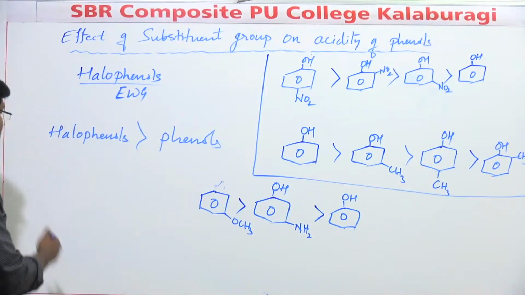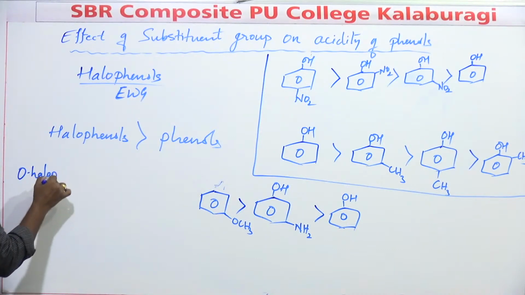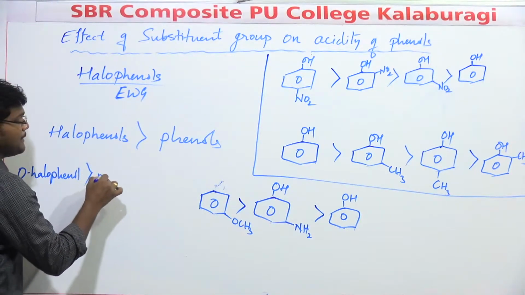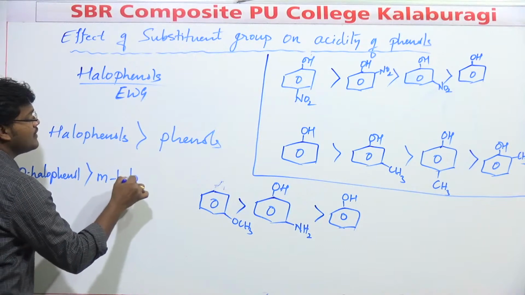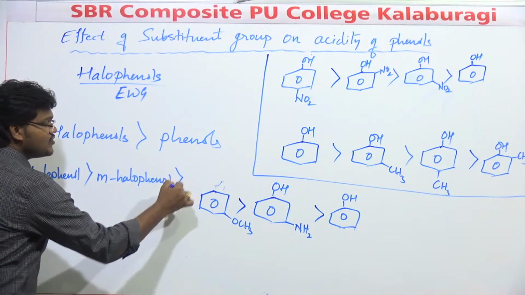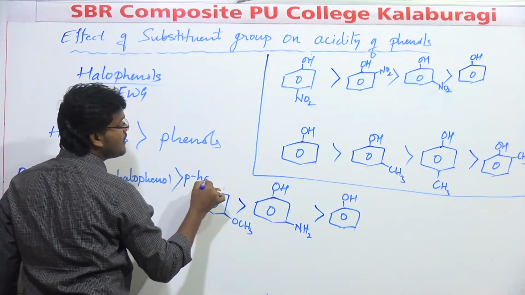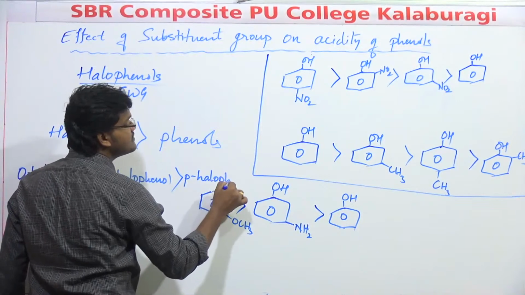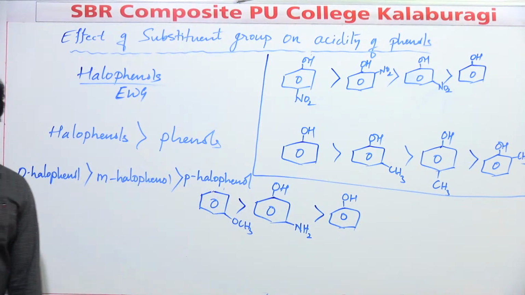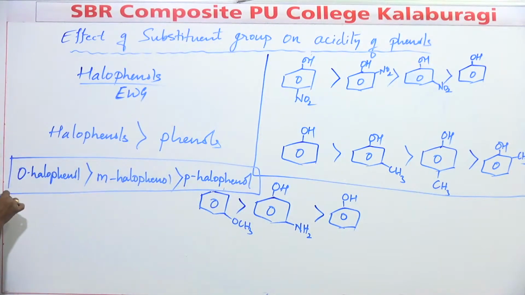Then among those, ortho-halophenol is more acidic than meta-halophenols, and meta-halophenol is even more acidic than para-halophenols. Correct? So ortho-substituted halophenols are more acidic compared to para-substituted.